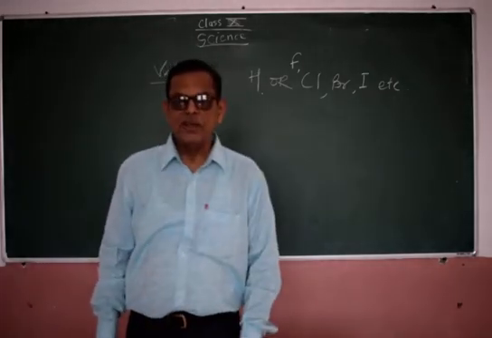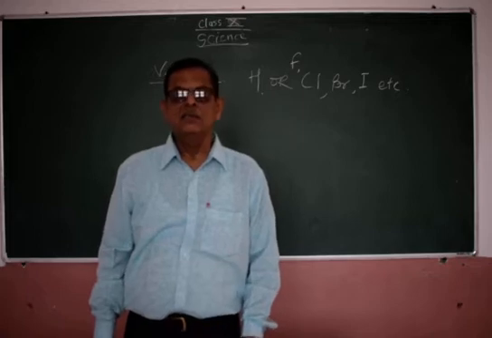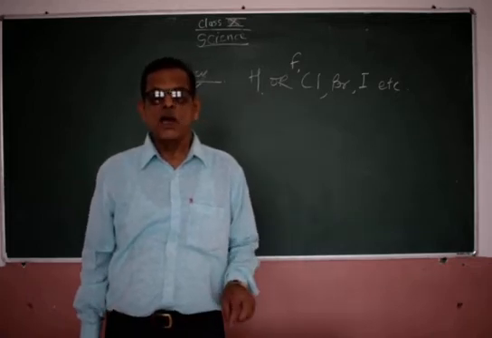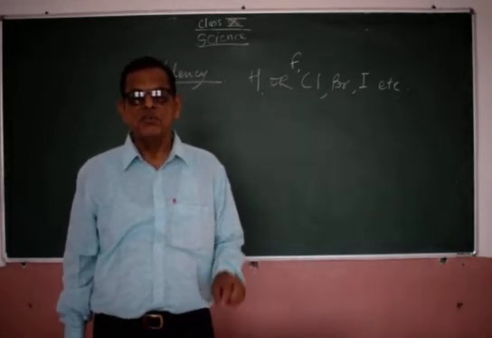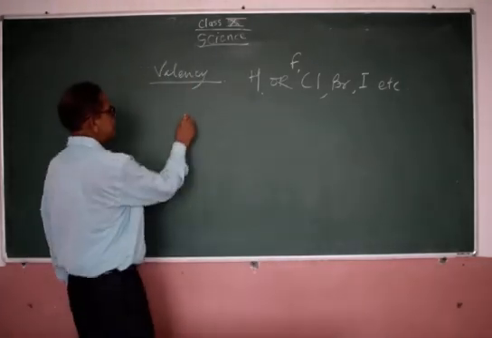Now in the same way, for example, if two hydrogen atoms are combining with one atom of the given element, then the valency of that element will be 2.